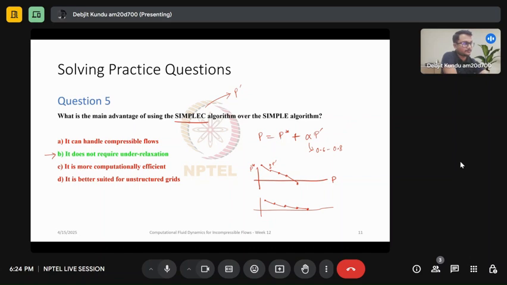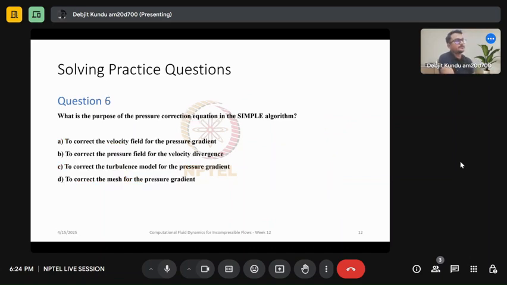Alright, so moving on to question number 6 of today's session, which is asking us what is the purpose of the pressure correction equation in the SIMPLE algorithm? Is it option A, to correct the velocity field for the pressure gradient?